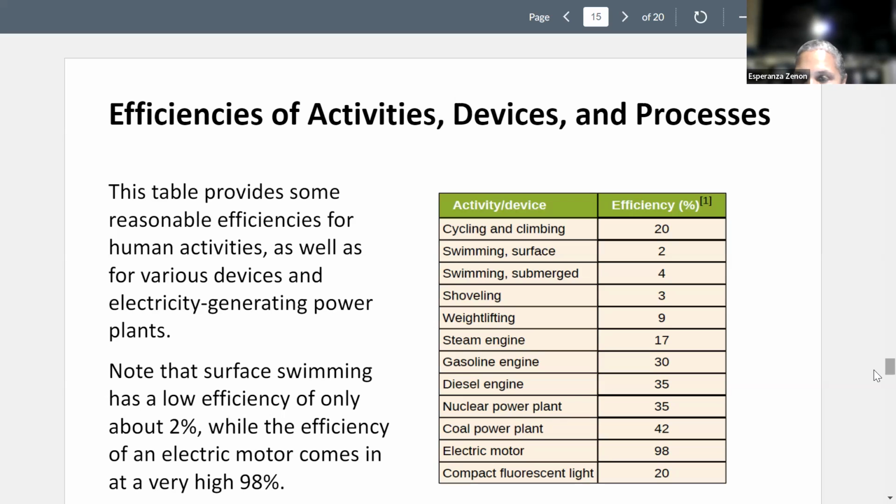So it's very inefficient. You aren't getting much work out for the energy that you're putting in. But look at, for example, an electric motor, 98% efficient. That might explain why we're trying to move to electric vehicles, right? Because compared to gasoline engines and diesel engines and steam engines, you can see that the electric motor is much, much more efficient, okay?